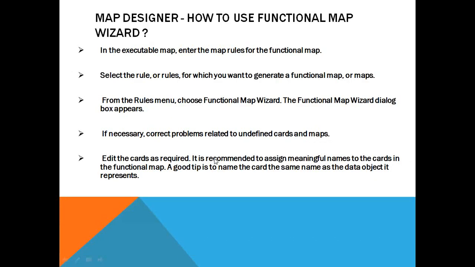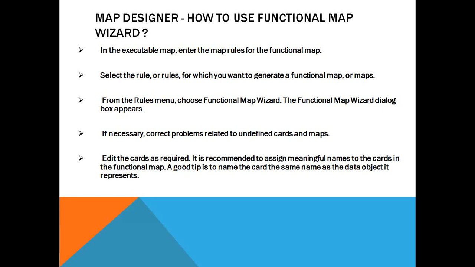Edit the cards as required. It is recommended to assign meaningful names to the cards in the function map. It could typically name the card's name as a seed name as data object. Basically, in the real-time situations, they won't leave the input card names, output card names like input IN1, IN2, IN3, out1, out2 like that. We have to give them meaningful names. Suppose if your input is like order, you have to give order as the card name.